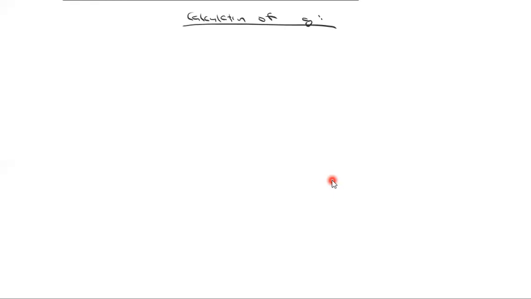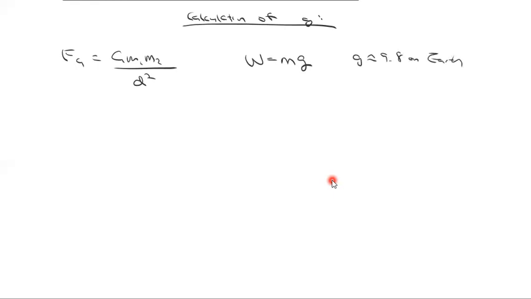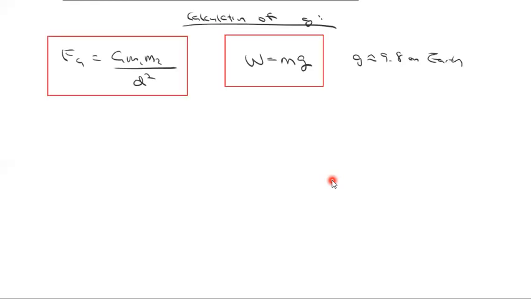So calculation of G, recognize that Fg equals G m1 m2 over d squared. This is gravitational force, but recognize that W must equal mg as well, where we say g is about 9.8 on Earth. These two formulas are really describing the same thing.